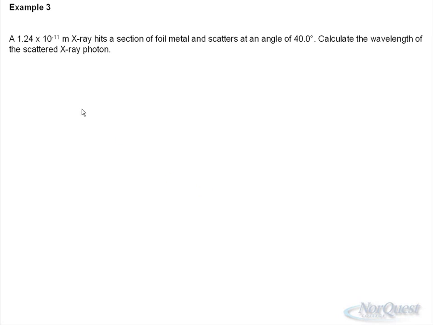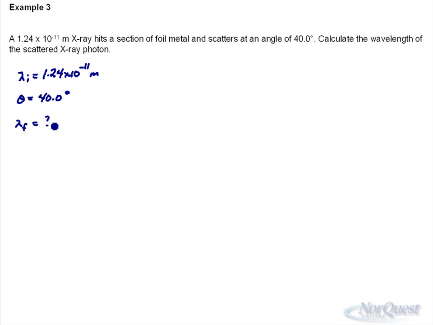So let's list what we know. We have a wavelength coming in, so I'm just going to write it as wavelength initial, 1.24 times 10 to the negative 11 meters. It hits a section of foil metal, and it's got a scattering angle of 40 degrees. Calculate the wavelength, so we're looking for the final wavelength of the scattered X-ray photon.